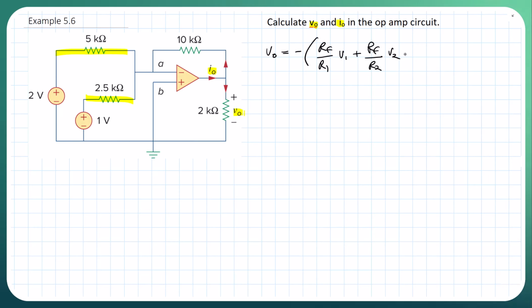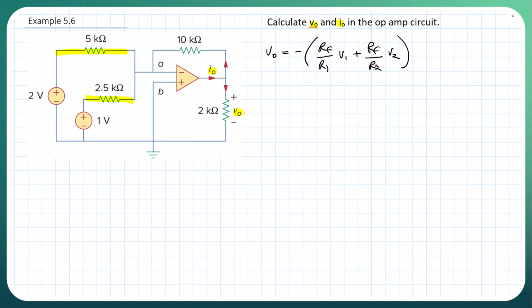Depending on the number of inputs, you can continue, but since we only have two inputs here, the 2 volts and the 1 volt, our R1 will be the 5K, our R2 will be the 2.5K, V1 will be 2 volts, and V2 will be 1 volt.